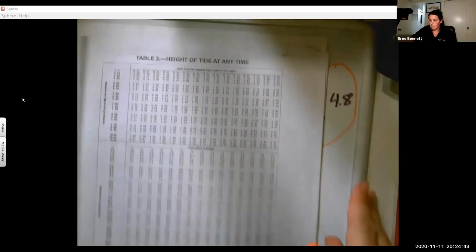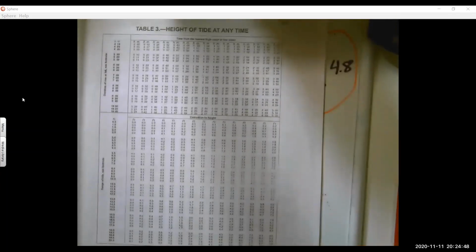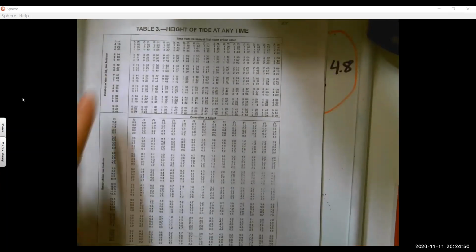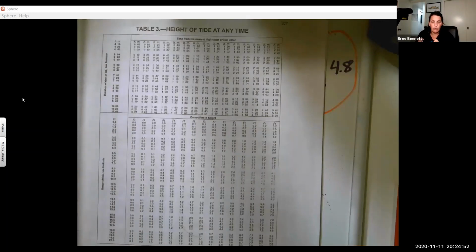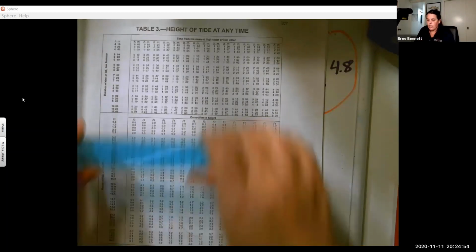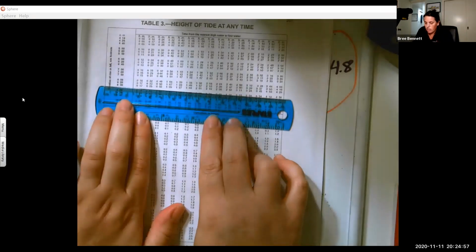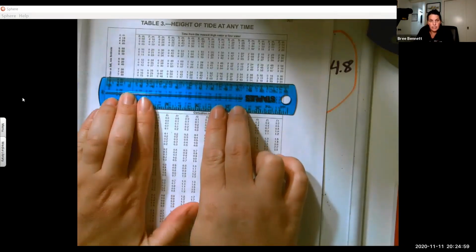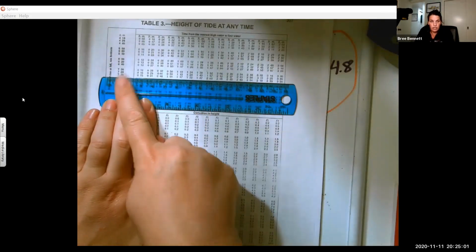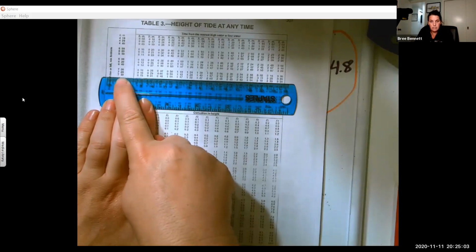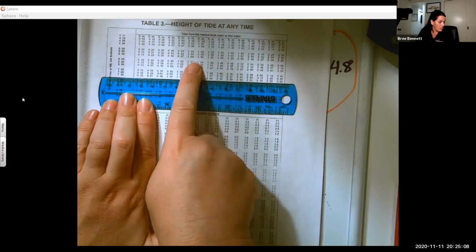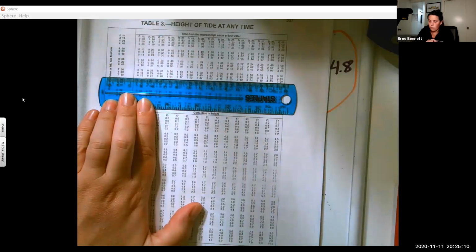So let's navigate this table. Zoom in a little bit here. Our duration was 7 hours and 44 minutes, so I'm going to go to our closest one, which is 7 hours and 40 minutes. And then my time to the nearest was 2 hours and 1 minute.